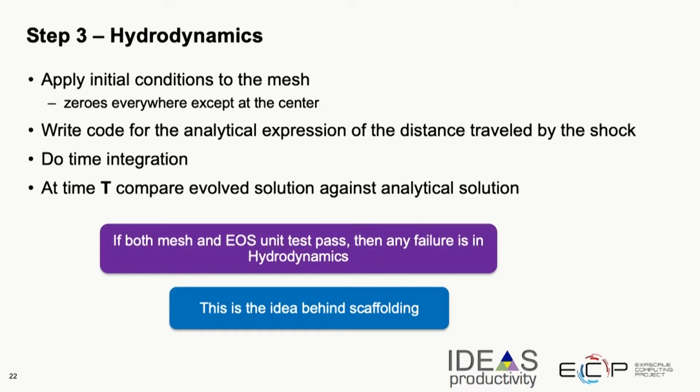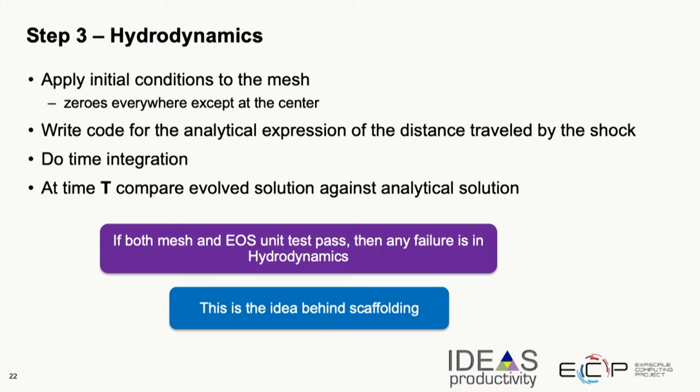Now, I can run a test for hydrodynamics by running this problem in uniformly discretized mode, because in a uniformly discretized mesh, that is all the functionality you need. So, we write a code for the expression of distance traveled by the shock independently, then we use our shock hydrodynamics solver to run the Sedov problem. At some time t, we compare the solution against the analytical solution.